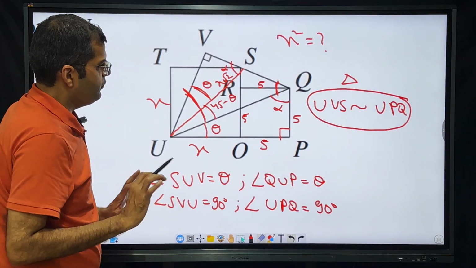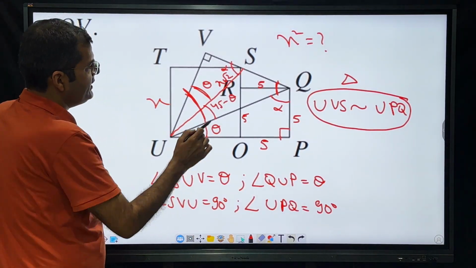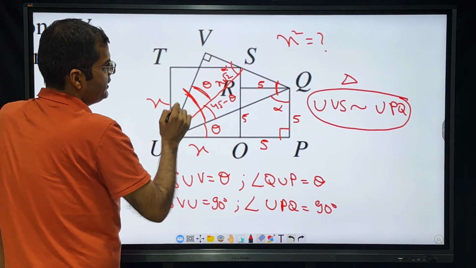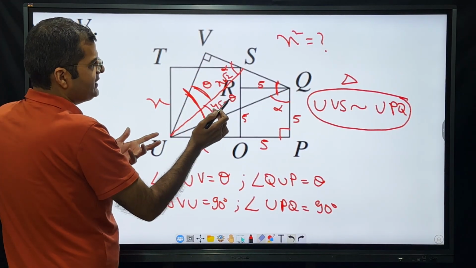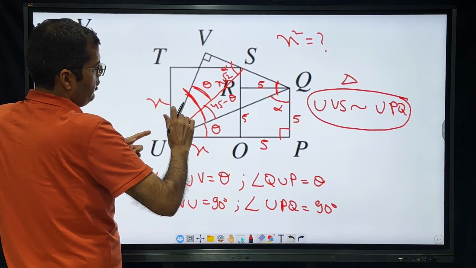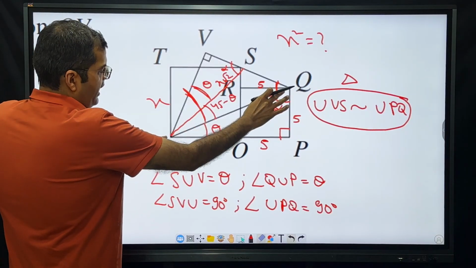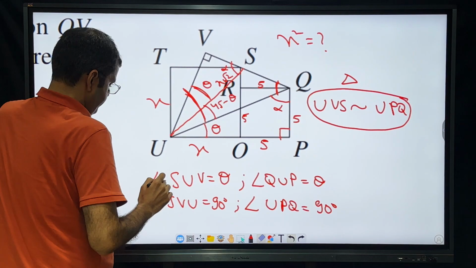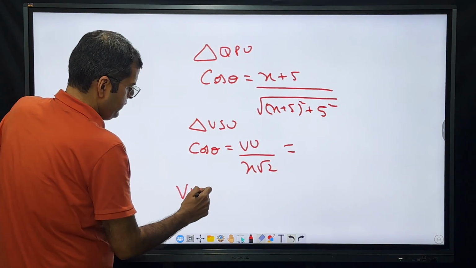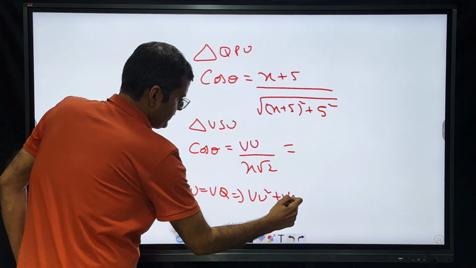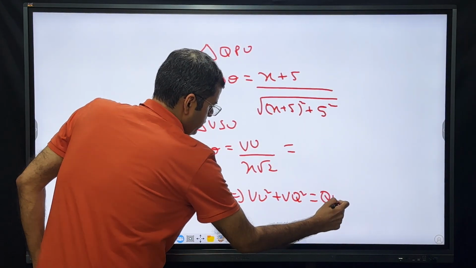Now for VU, if you look at this right angle triangle QVU, it is an isosceles right angle triangle. So VU and VQ are the same. Also, VU square plus VQ square is equal to QU square.